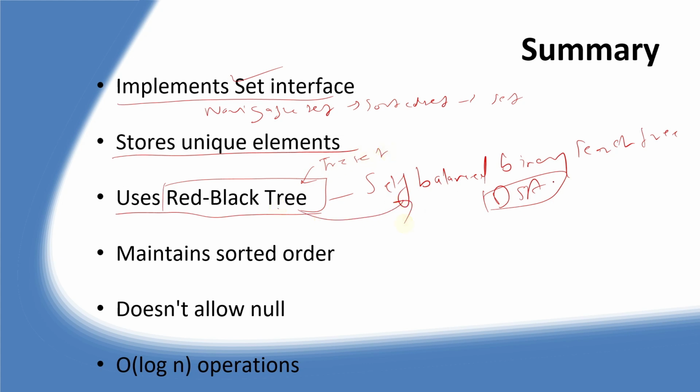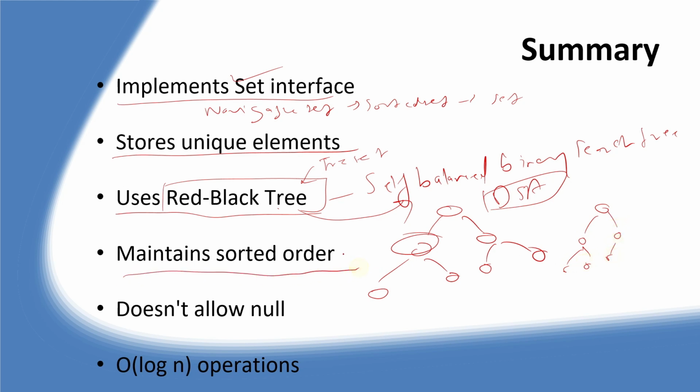It is a self-balanced binary tree. That means the elements will get balanced automatically. If you are removing an element, then all remaining elements will get adjusted and again form the same hierarchy. So it is self-balanced and it maintains sorted order.